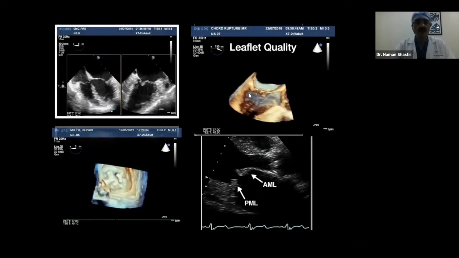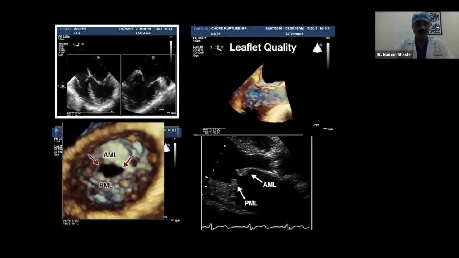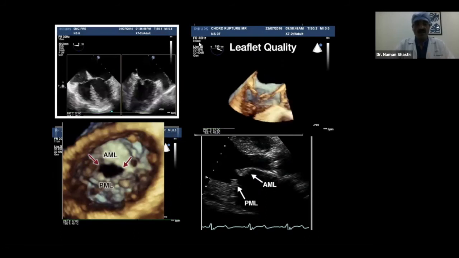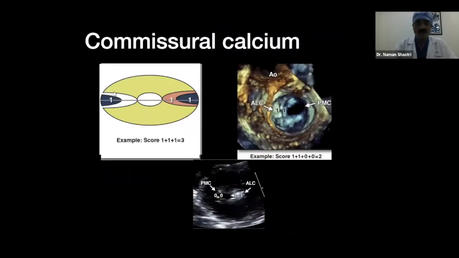Now you can see the commissures, and a very nice article was published in the European journal showing that if the fusion is at the commissure level only, then they score 1. If it is extended beyond the commissure level, then they give an extra score of 1. So on one commissure side, if it is extensive commissure fusion, it is score 2. On both sides, if the same thing happens, then the total score is 4.